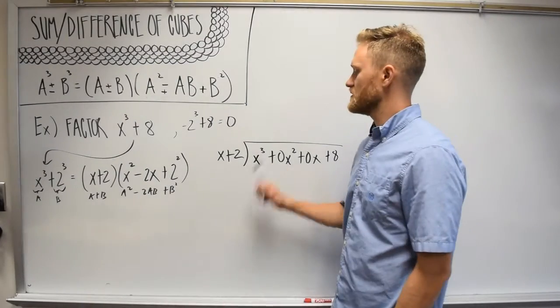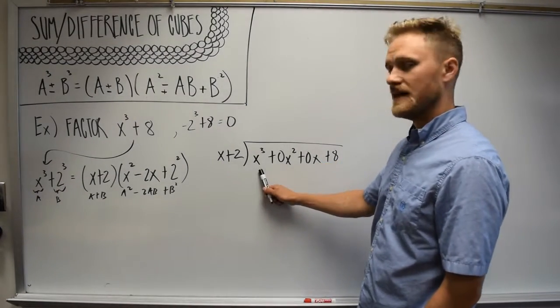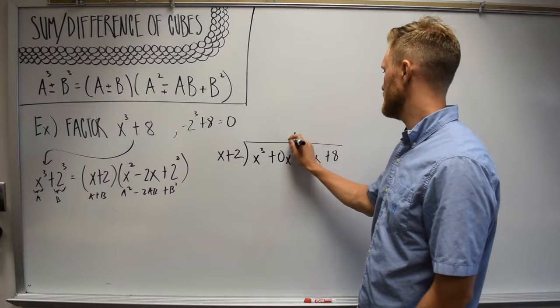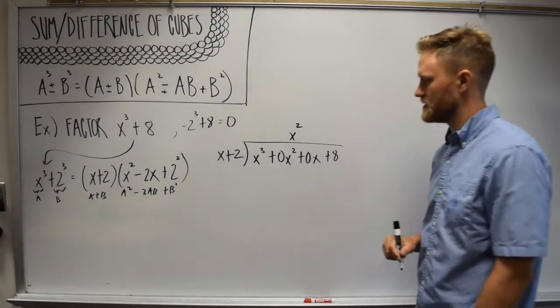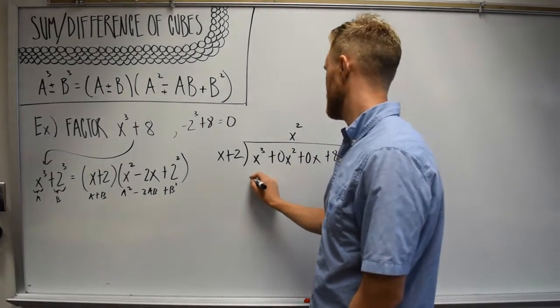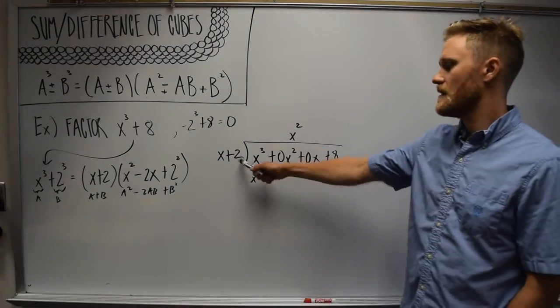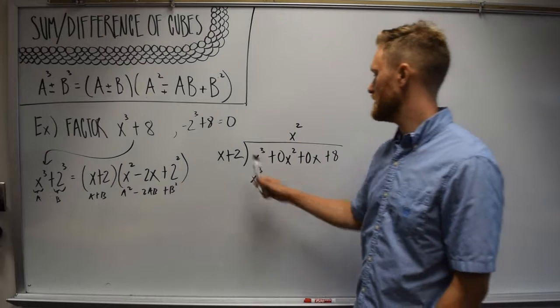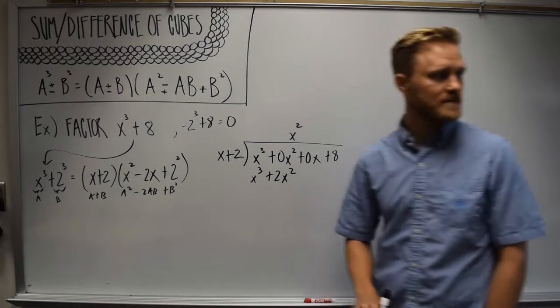So first we ask ourselves, what do we have to multiply x by to get x cubed? The answer is x squared. So we're going to put it in the same column as 0x squared. x squared times x gives us x cubed. And then we're going to multiply x squared by 2. x squared times 2 gives us 2x squared.